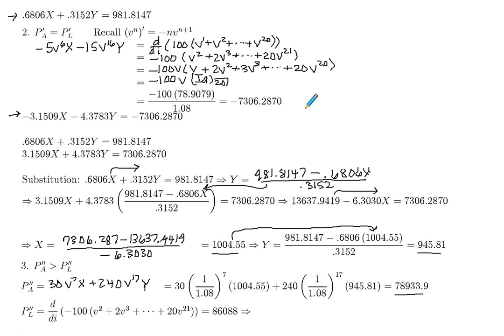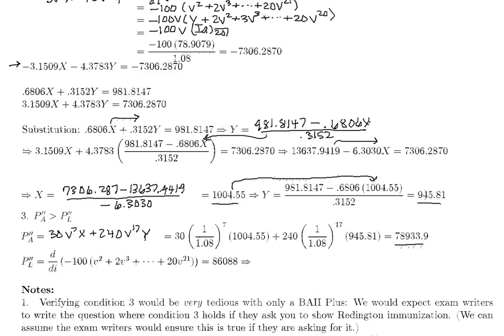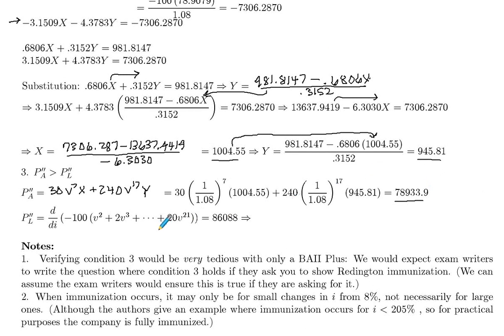And I actually had to do quite a bit of computational work and even use a computer algebra system to evaluate. But when I did the derivative with respect to i of this, which is our expression for the first derivative of the liability cash flows, and then I evaluated it at 1.08, I got 86,088.